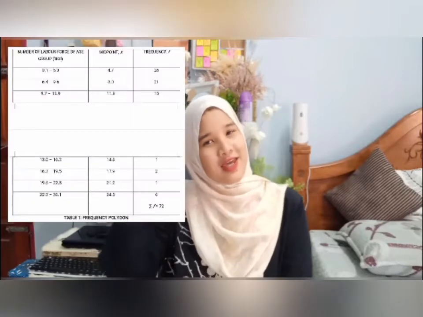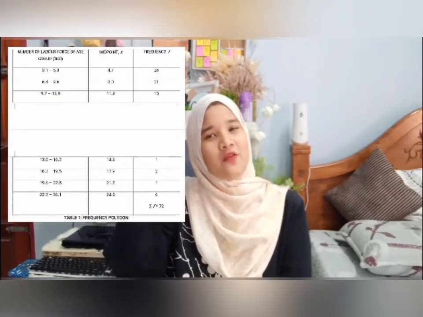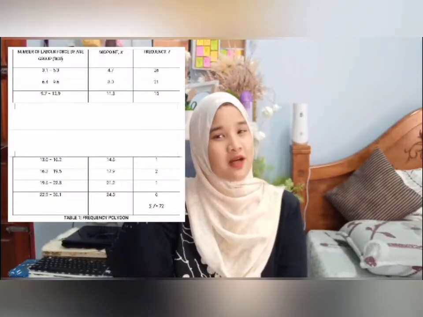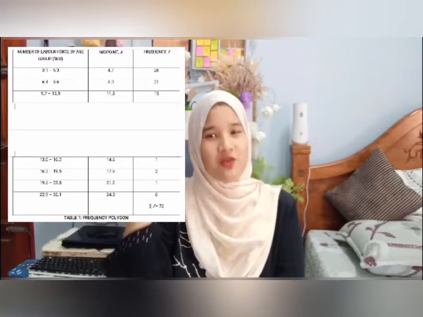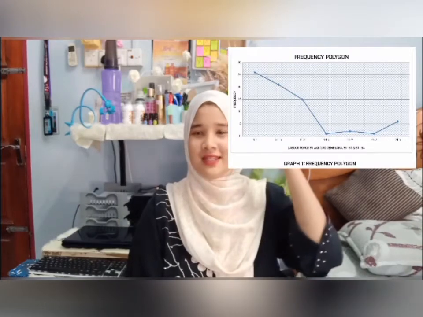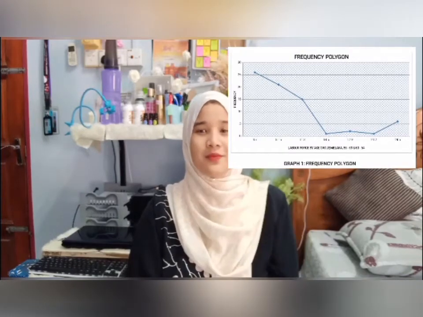A frequency polygon can be created from the histogram or by calculating the midpoints of the bins from the frequency distribution table. So here, this is the table of the frequency polygon for the number of labor force by age group. Also, this is the graph of the frequency polygon.